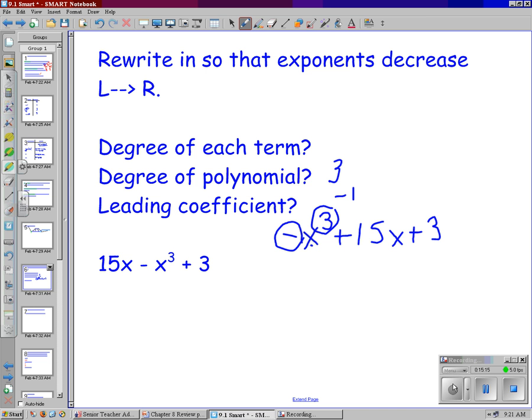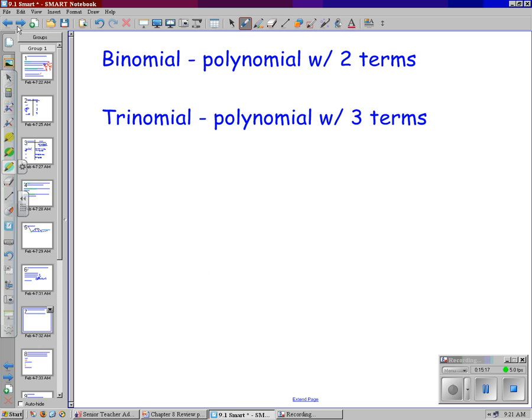Questions? Let's keep moving here then. A binomial, guess what, is a polynomial with 2 terms. Bi meaning 2. How many wheels does a bicycle have? 2. How many wheels does a tricycle have? 3. Those prefixes mean something. Trinomial then must be a polynomial with 3 terms.